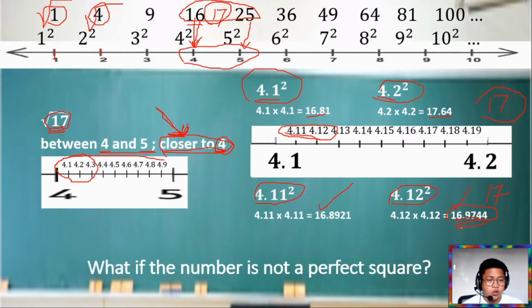So, dito tayo magpo-focus. Ang square root ng 16.9744 is 4.12. Kasi nanggaling siya kay 4.12 times 4.12. Kaya ang square root niya is 4.12. So, we therefore conclude that the square root of 17 is approximately equal to 4.12.